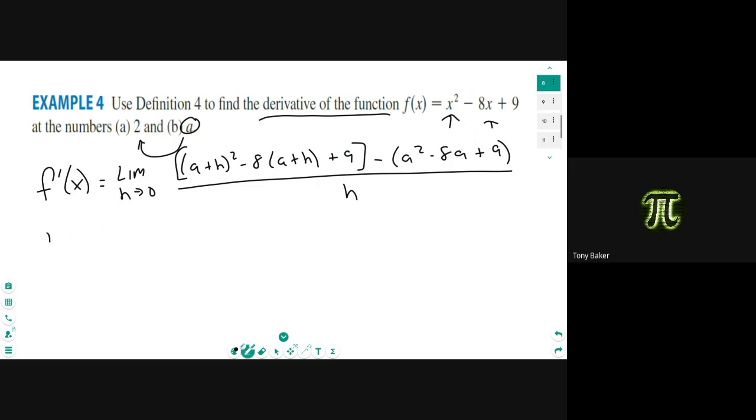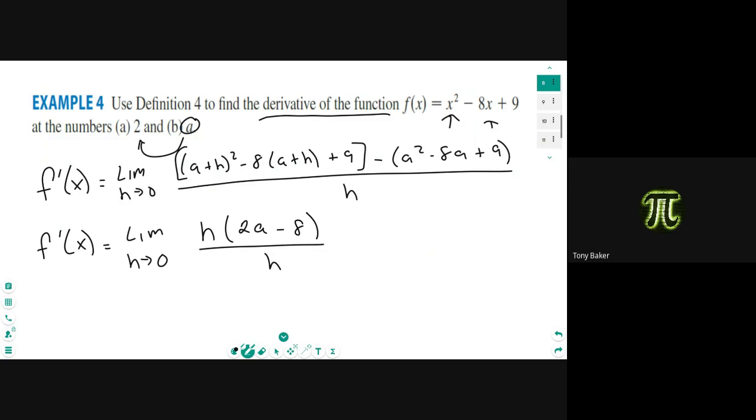So what you should end up getting down to, after all the cleaning up on the top, is 2a minus 8 plus h, over h.